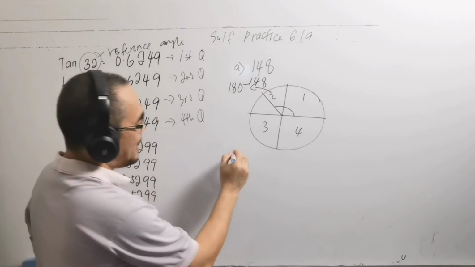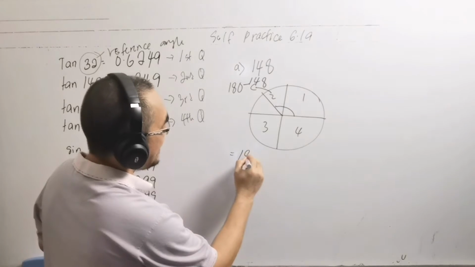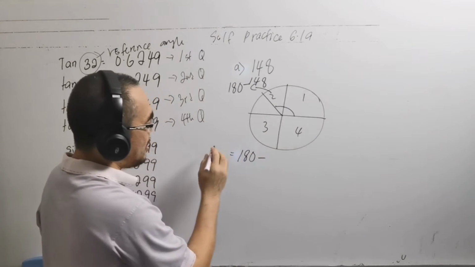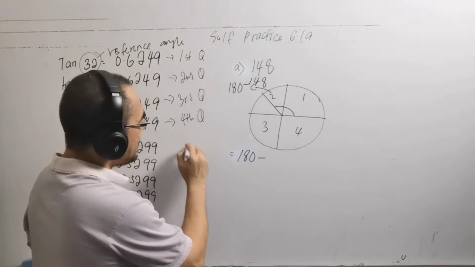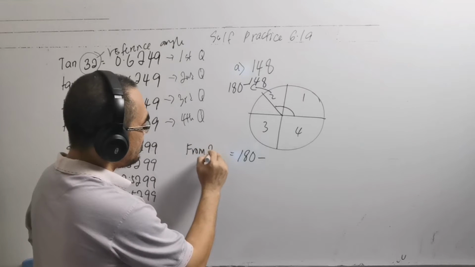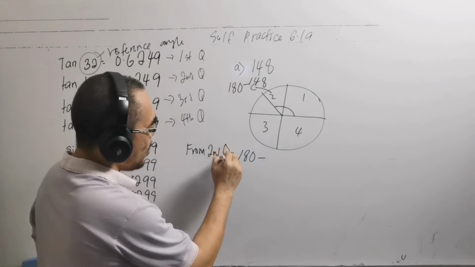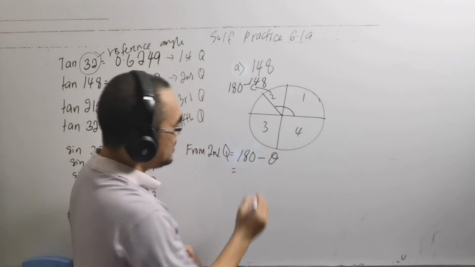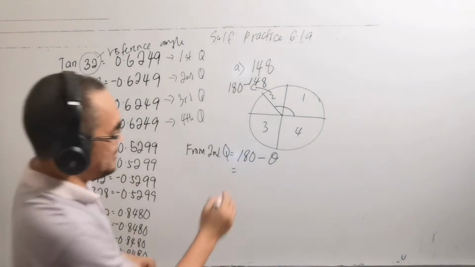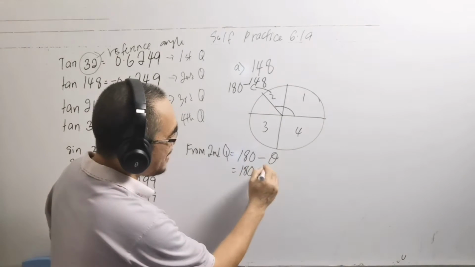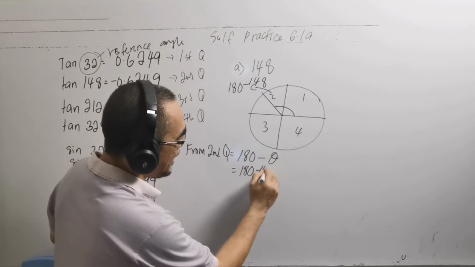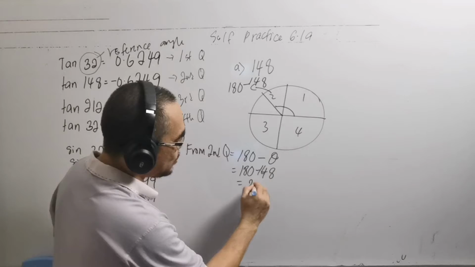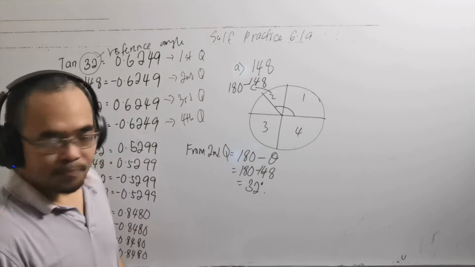From the second quadrant, it is 180 minus theta. For example, 180 minus 148 is 32 degrees.